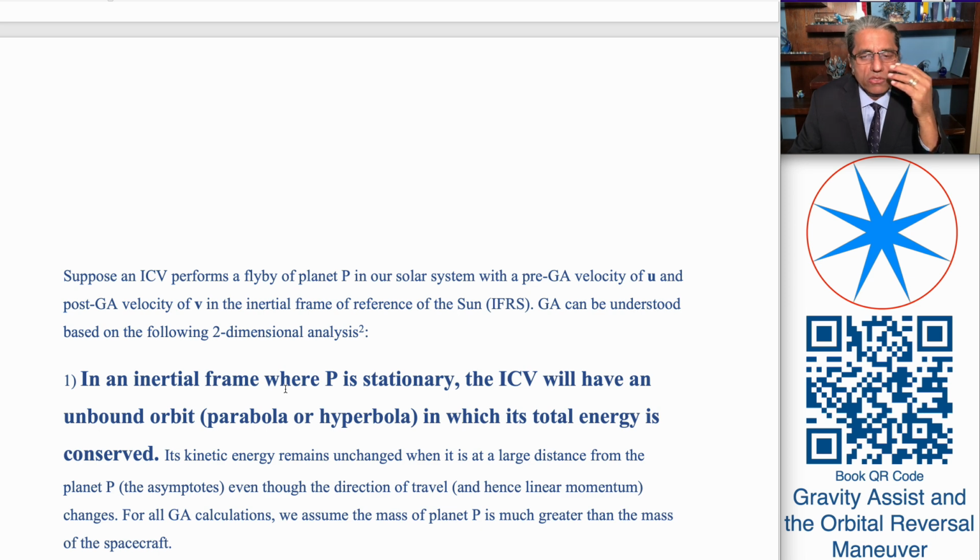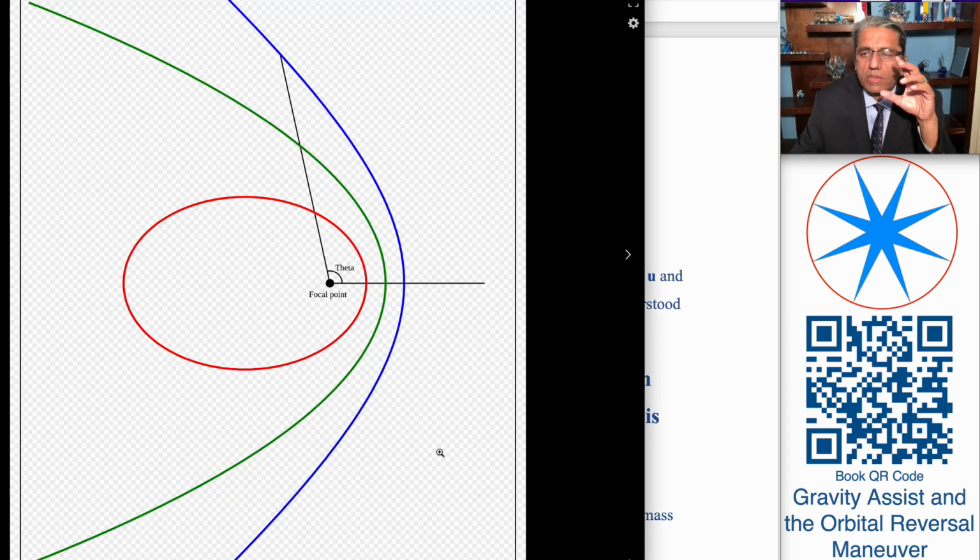Okay, so when you think of gravity assist, the first thing to start with is an understanding of Keplerian orbits.